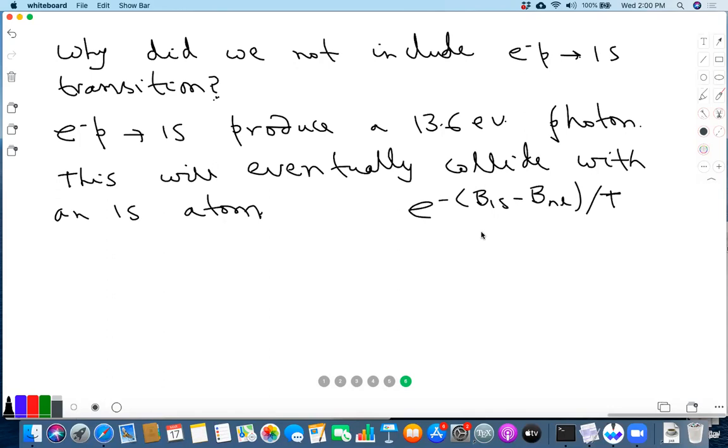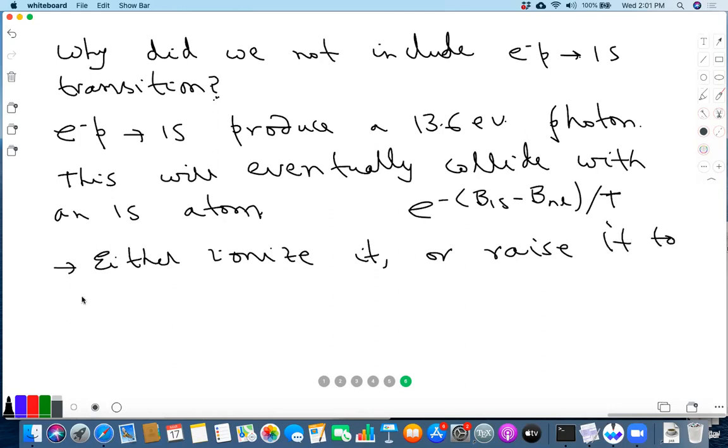So most of these photons will eventually hit a 1s atom. Elastic collision with the electrons, it loses a little energy, but not much. So when it hits a 1s atom, it will either ionize it or raise it to a highly excited state.